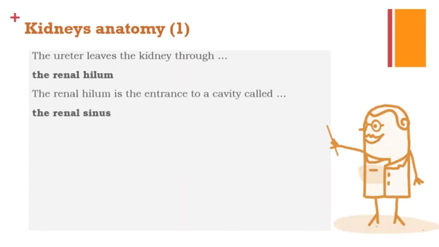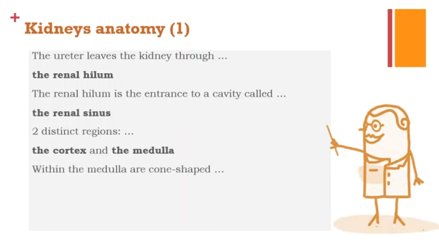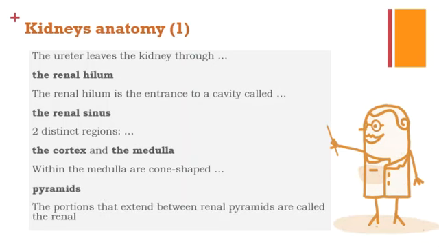Within the kidney, there are two distinct regions, the cortex and the medulla. Within the medulla are cone-shaped pyramids. The portions that extend between renal pyramids are called the renal columns.